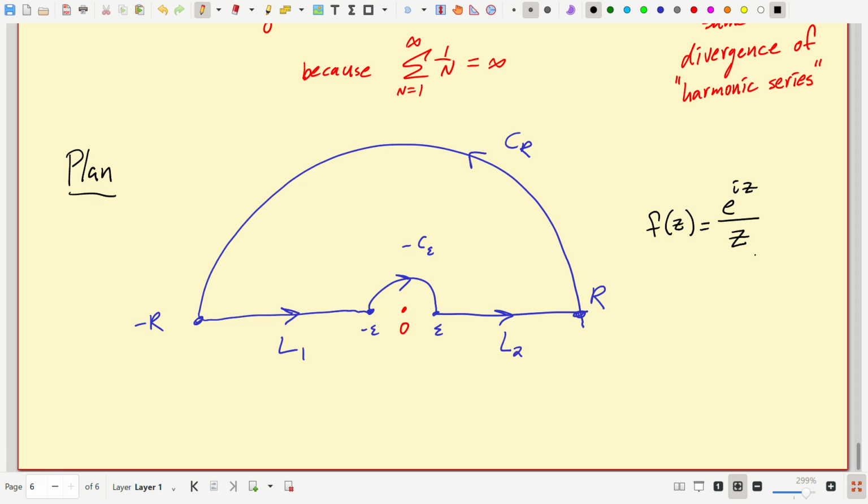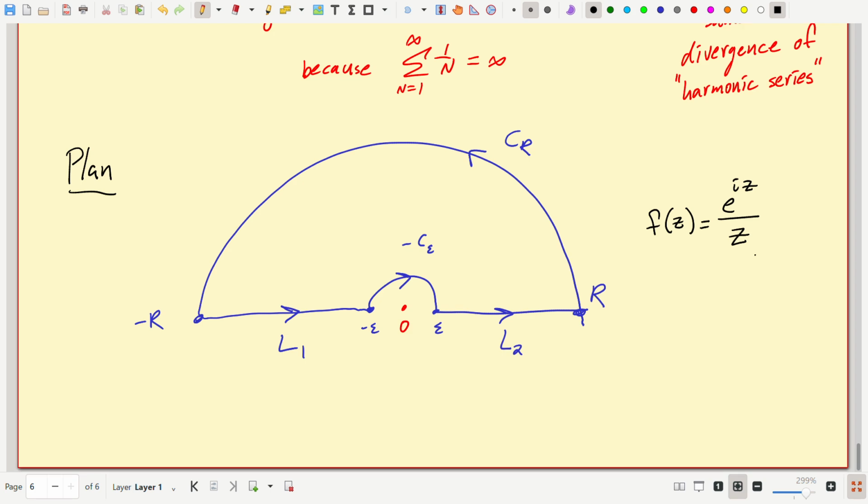The integrals along the circles we can deal with. The integral along the outer circle is going to go to 0, and the integral along this small circle is going to go to a number. Otherwise, we'd use Cauchy's theorem and get 0, which wouldn't give us anything. Anyway, I'll go through the details next time. It's a very famous application of all this complex analysis to a pretty interesting integral.